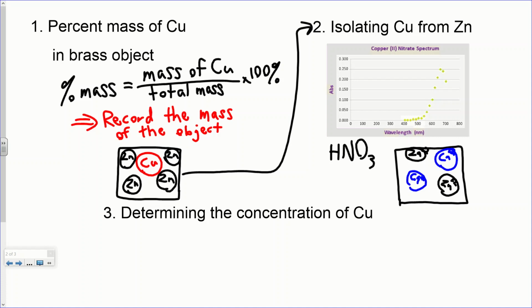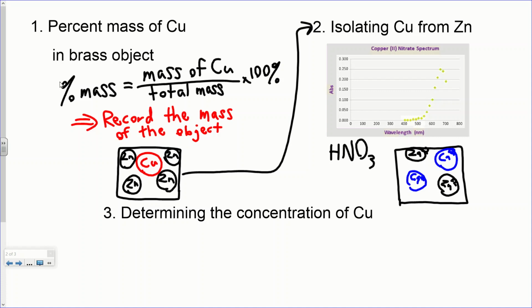Now you may be wondering, Mr. Pell, you haven't isolated the copper from the zinc. You haven't separated the copper from the zinc. The copper and the zinc are still together in the same aqueous solution. But we can exploit something to our advantage. The thing we're going to exploit to our advantage is that the zinc ions do not absorb any visible light.